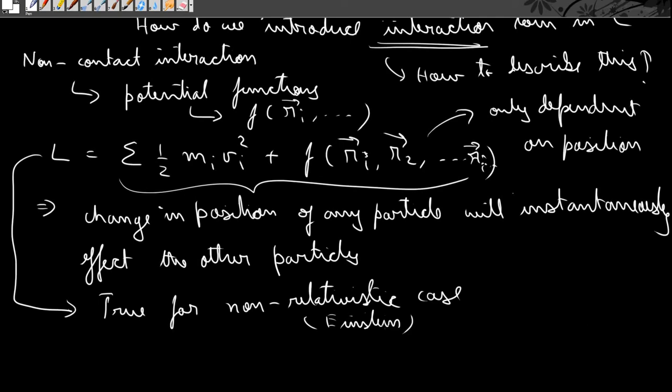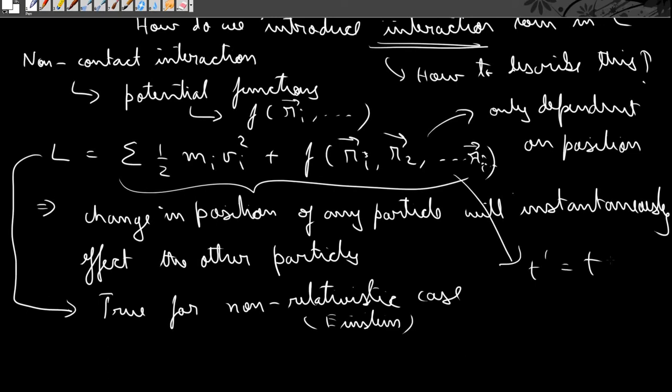But that is not true according to our Galileo's postulate, which we are going to follow here, according to which in all the inertial frames the mechanical effects of change of position of particles must remain the same. Okay, so this is a consequence of t dash equal to t in the Galileo's relativity transformations, right?